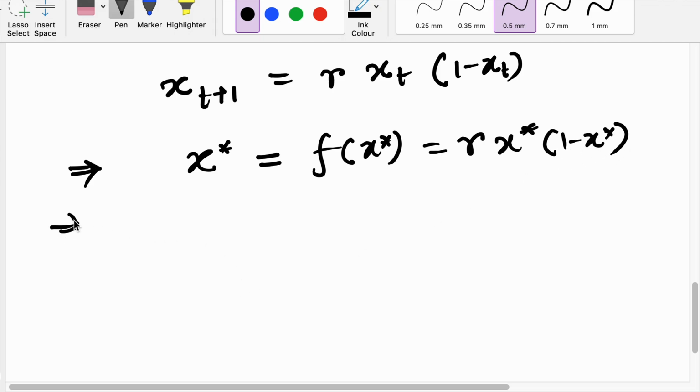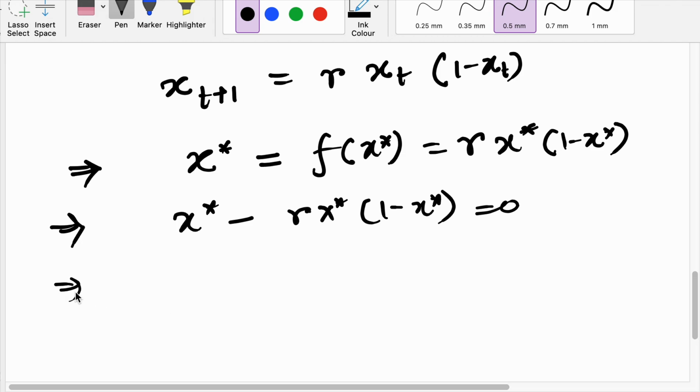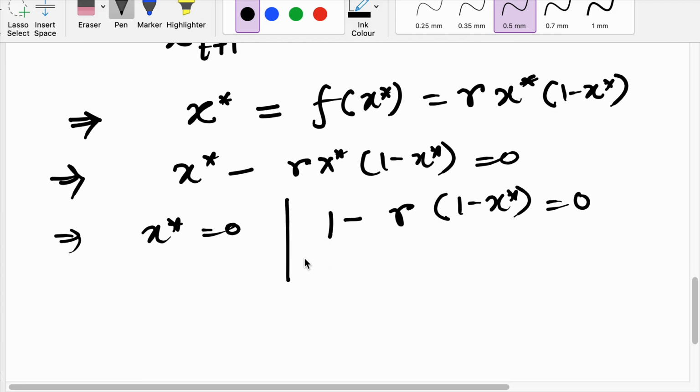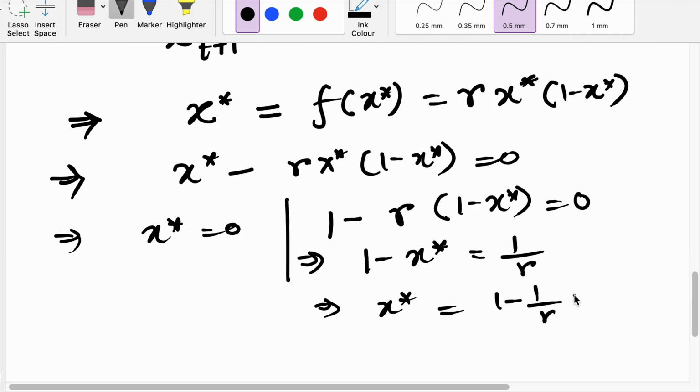Solving, x star minus r x star times 1 minus x star equals 0. So x star equals 0, or 1 minus r times 1 minus x star equals 0. This means 1 minus x star equals 1 by r, so x star equals 1 minus 1 by r, equivalently r minus 1 by r.